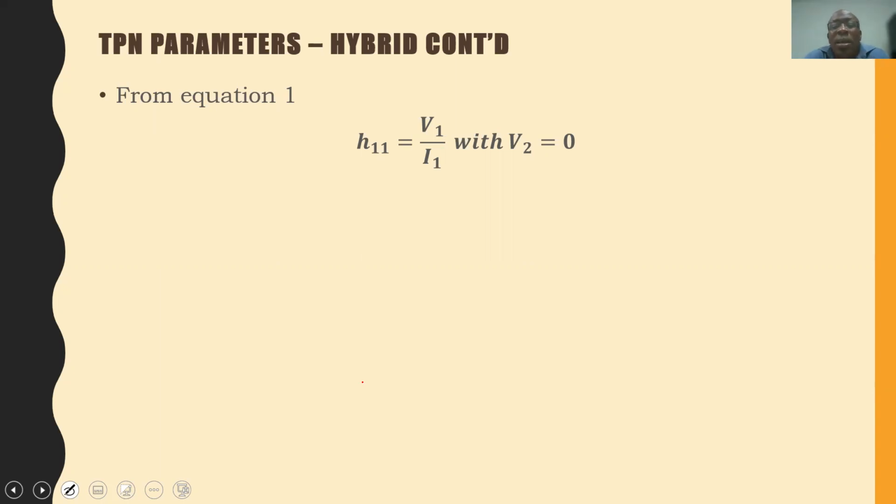Next, we're making V2 zero. So what name would we give to this? It would be a short circuit. Since it's not between two ports, it wouldn't be transfer, so it would be a short circuit hybrid, without the transfer. All right, you just told me it's an impedance, so keep that in there.